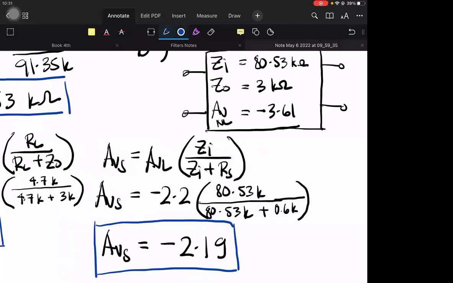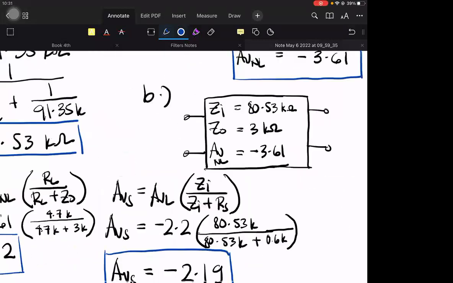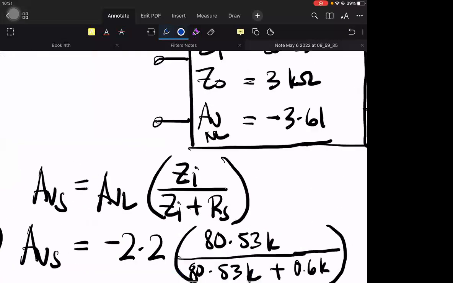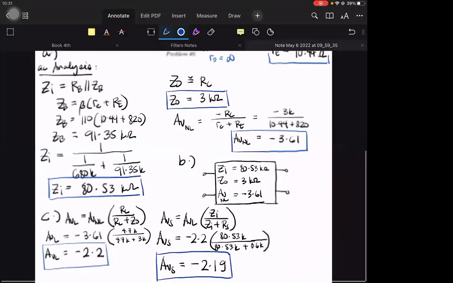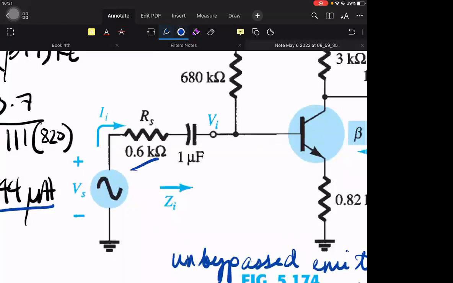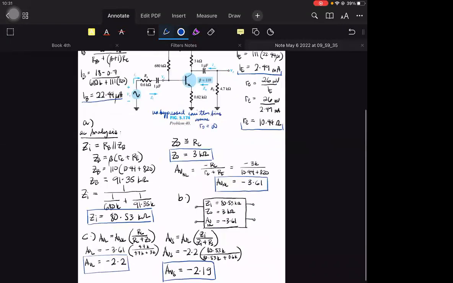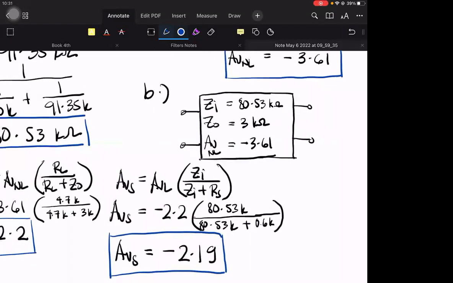Our input impedance is 80K, whereas our source impedance is just 600, very small. So notice that the loaded gain and the source gain are almost the same.